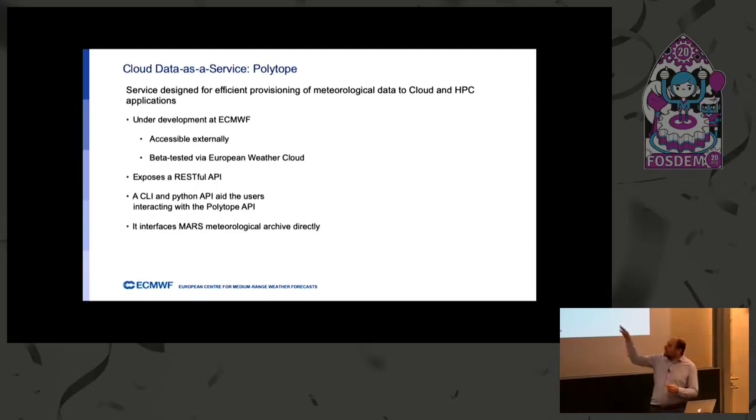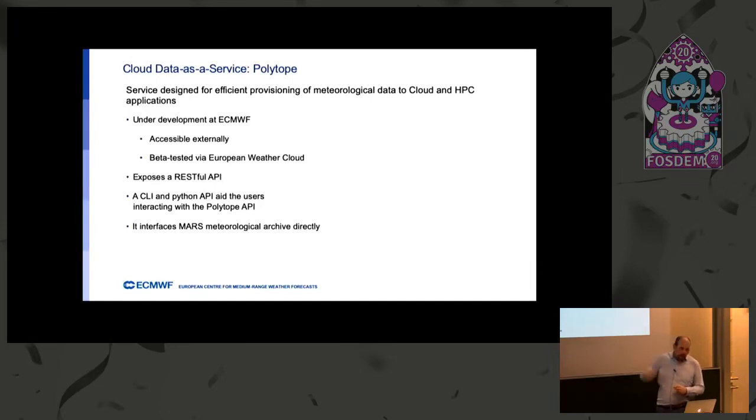The idea is that the data are accessible even externally by simply hitting a REST API, or from the European Weather Cloud that we are hosting. Everything is a nice RESTful API with both a command line interface and a Python client that is connecting and supporting all the queries that we offer.